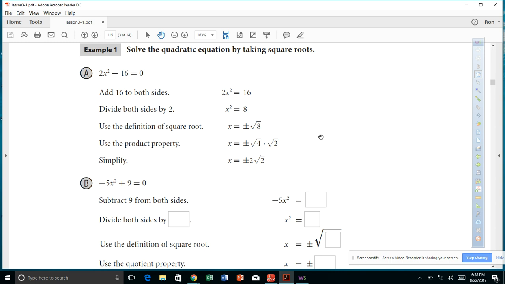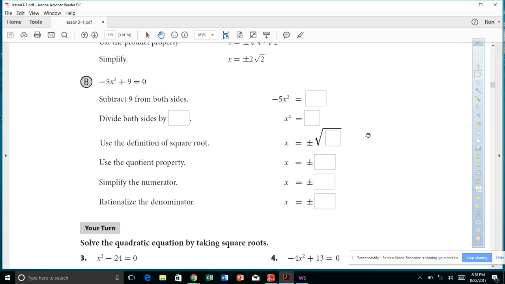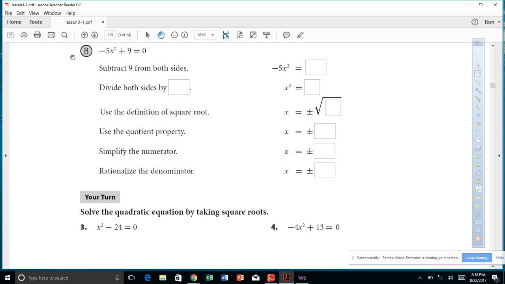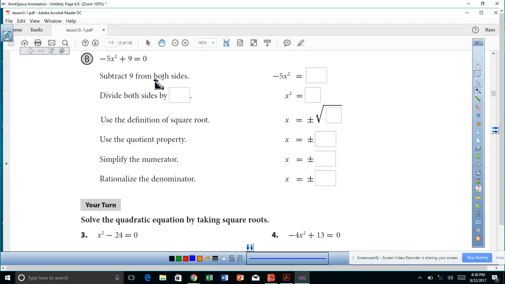Example 1, solve the quadratic equation by taking square roots. I'll let you go through A, and then when you get back, we'll do B together. So we have negative 5x squared plus 9 equals 0. We're going to subtract 9 from both sides, and we get negative 9. We're going to divide both sides by negative 5.